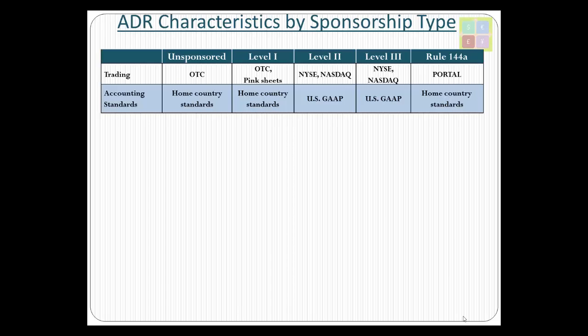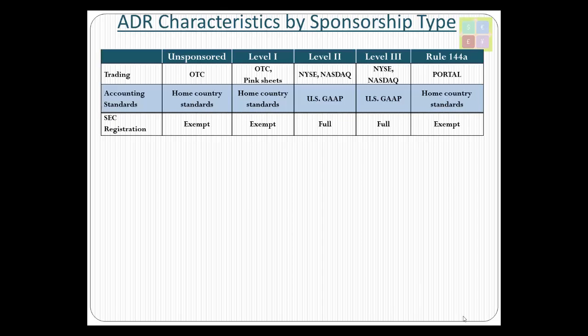And for SEC Rule 144A, the home country standards apply as well. So level 2 and level 3 are more difficult to comply with for many firms in developing markets because the accounting standards are stricter and it could be costly to meet those accounting standards.